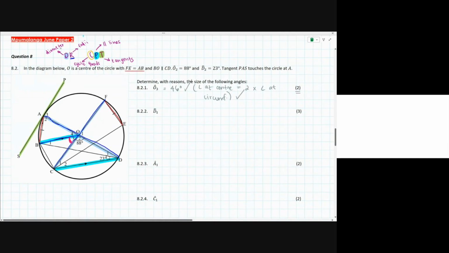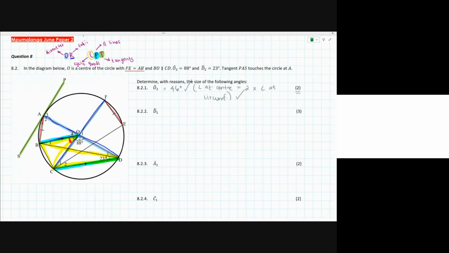All right, if you struggle with angle at center, angle at circumference, what you need to remember is that they need to come from essentially the same arc or the same chord. So if you have a look here, chord BC subtends an angle at your center, O3, but the same chord also subtends an angle at your circumference. Please note, grade 12s, this is not angles in same seg.